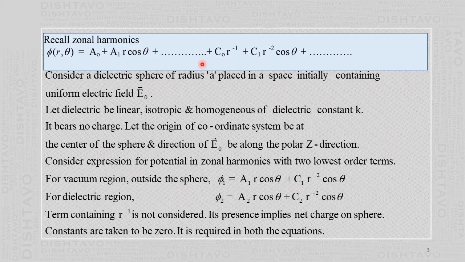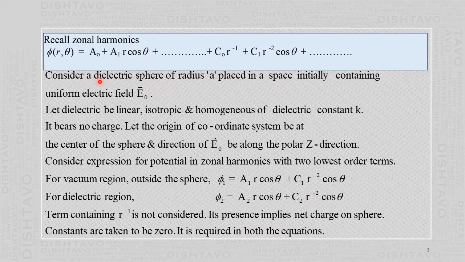So I will not describe it further, but it is here. So this A0 plus A1 r cos theta, only two terms we are writing. Higher terms we are not writing because they will become 0. And for this, the second type of solution is C0 r raised to minus 1 plus C1 r raised to minus 2 cos theta, and higher terms I have not written because they are going to become 0.